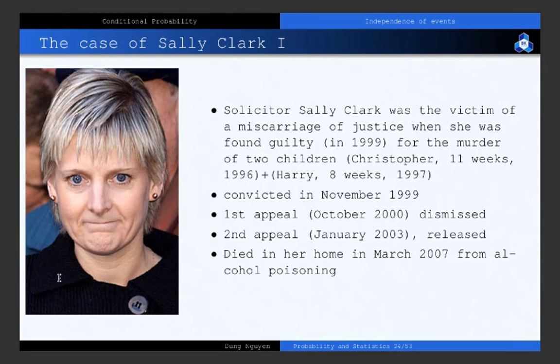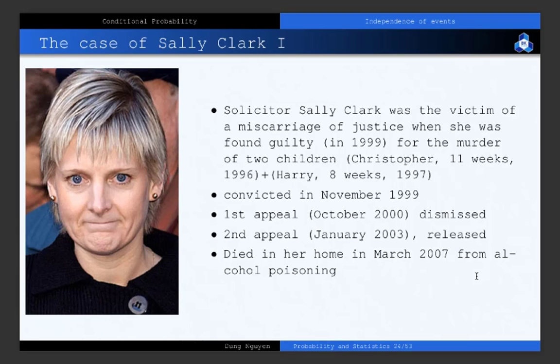I want to talk about the case of Sally Clark. Sally Clark is a solicitor in the UK. She was the victim of a miscarriage of justice when she was found guilty in 1999 for the murder of her babies. The first baby, Christopher, died after 11 weeks in 1996, and the second son, named Harry, died after 8 weeks.